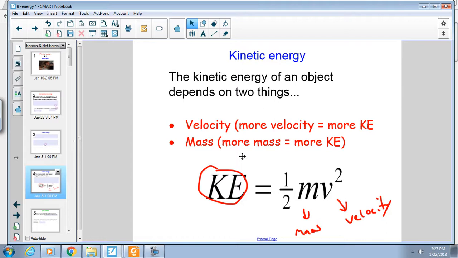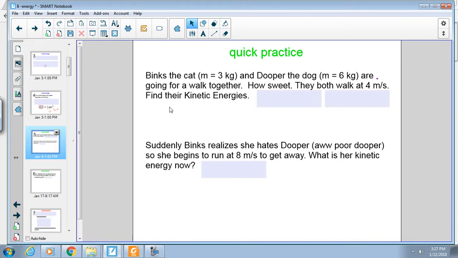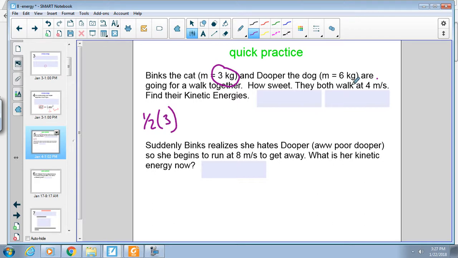All right, so let's see if we can put this together in a couple of practice problems. First we have Binks, the cat. Binks has a mass of 3 kilograms. So 1/2 our mass, 3, times our velocity, 4 meters per second, squared. That should give us 24 joules of energy.